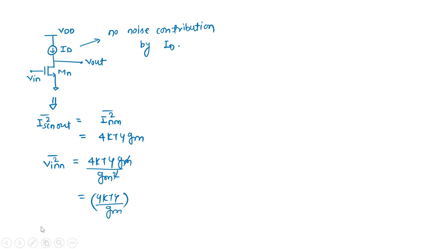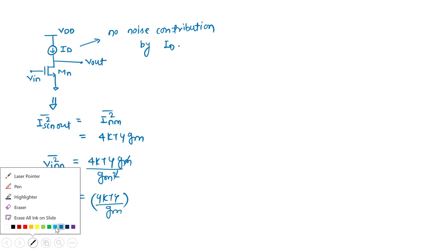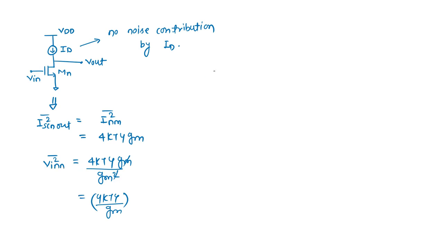Now for the third circuit, we have a PMOS, and it is biased externally. The bulk is VDD.